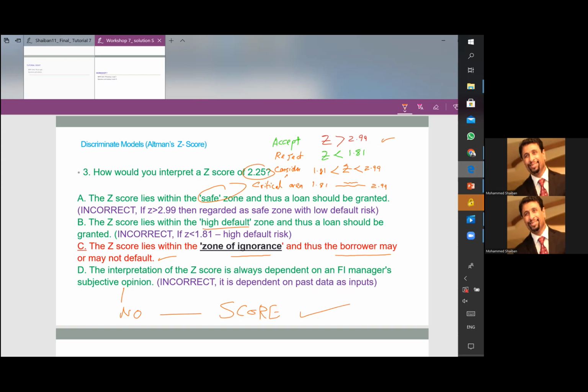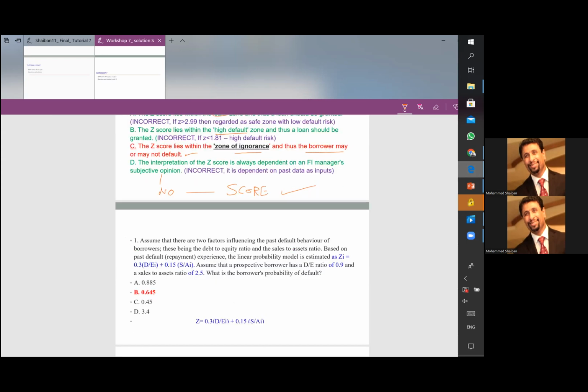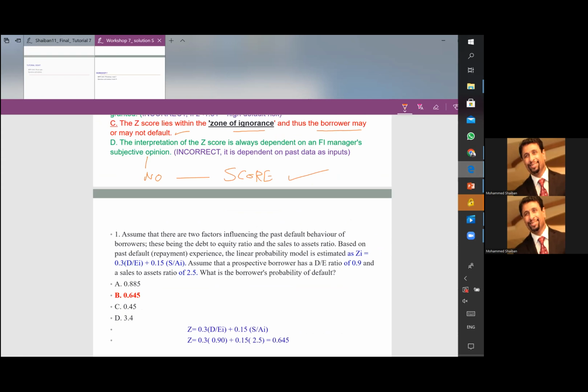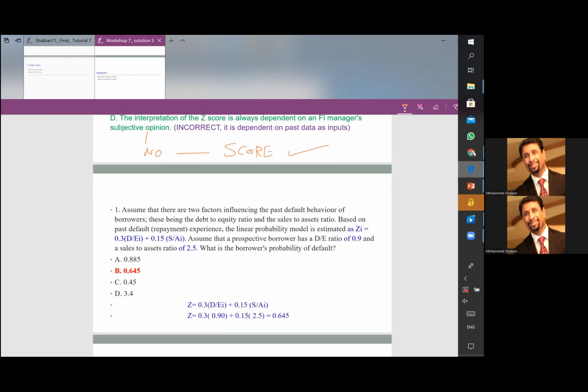Okay. Now let me come to here. We talked about the credit scoring. Now the credit scoring, as we said, we can have too many credit scorings. We just talked about Altman and we talked about probability modeling, but we can have a model like this, where they tell you the model is saying Z is you have to calculate only two factors.